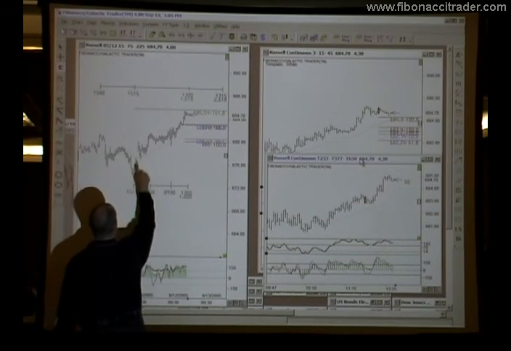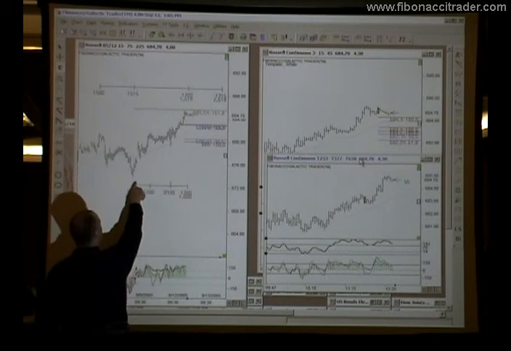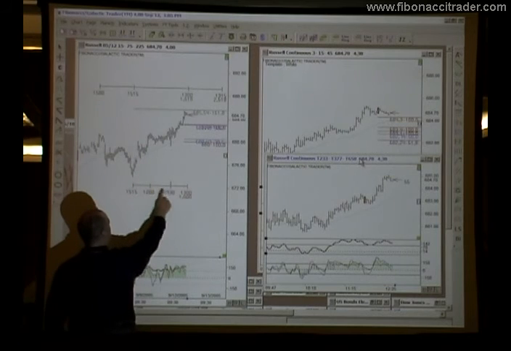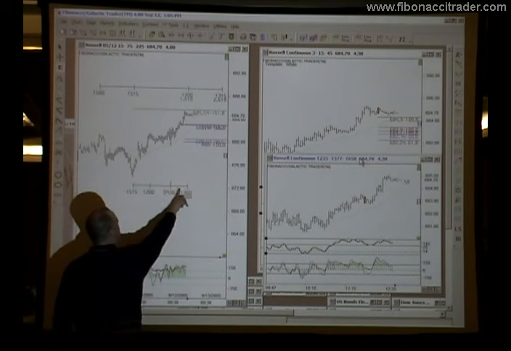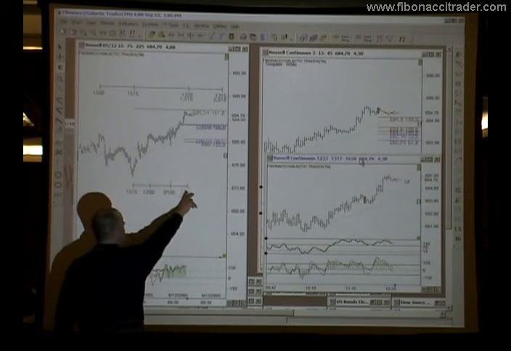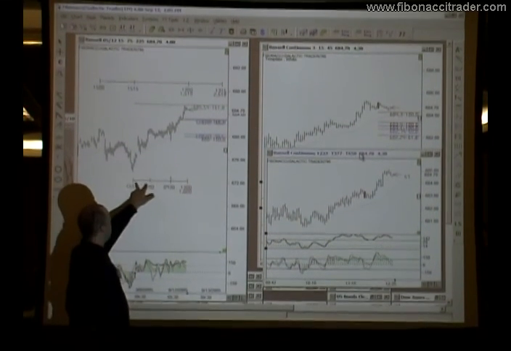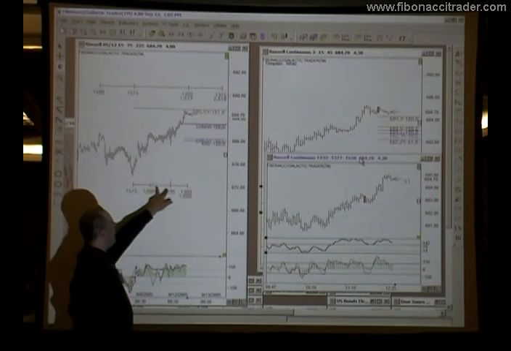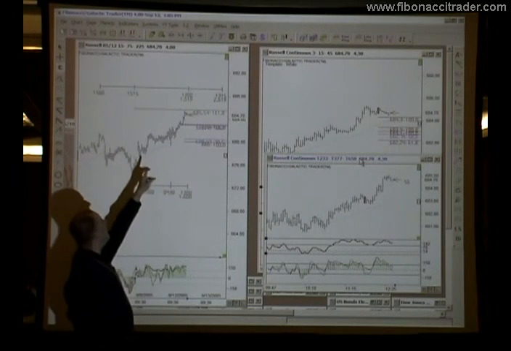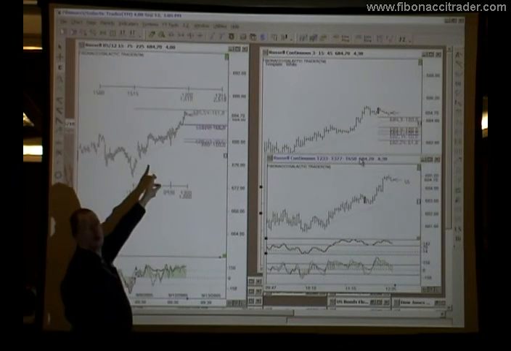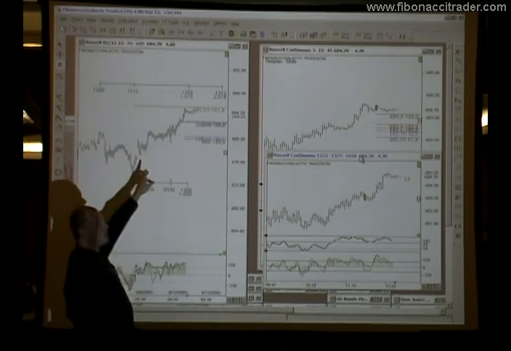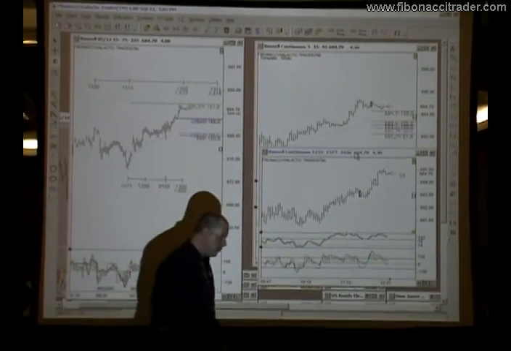This was a rally, so we took the low to the high, and then projected to count forward the same number of bars. So we're saying here the rally terminated, and here's the same bar count. And not only that, but it's overlapping the time price square possibility. So it adds oomph to it.